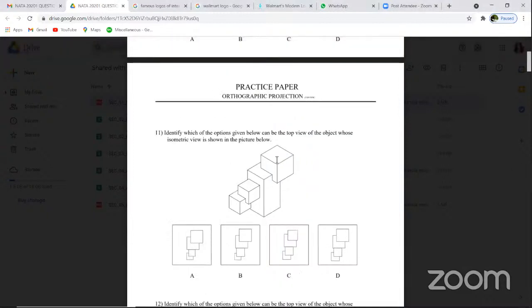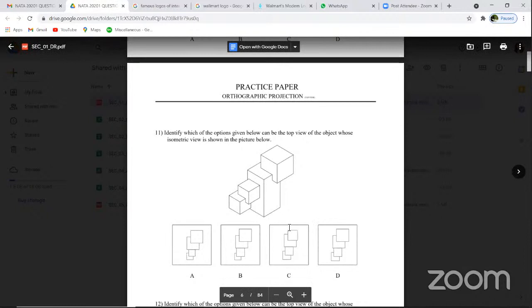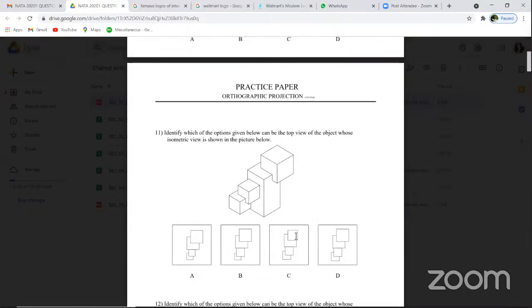Why? This cube, at least the upper size and the cuboid, looks almost equal. So this C is out because this looks very small.